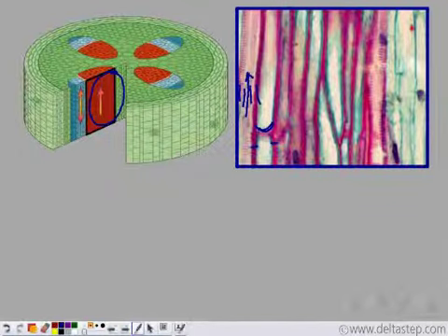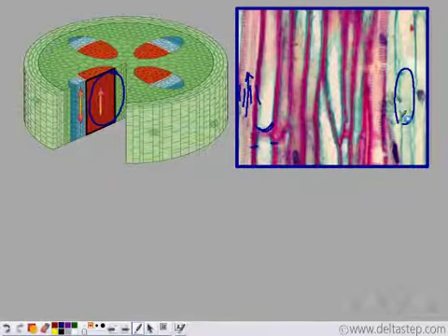Now see, there is a third kind of cell present. This cell has thin walls and there is a lot of space within the cell. That is, these cells have a lot of intracellular space.